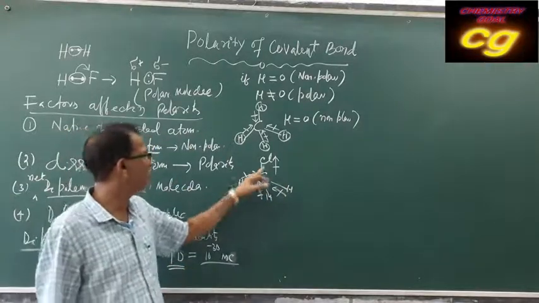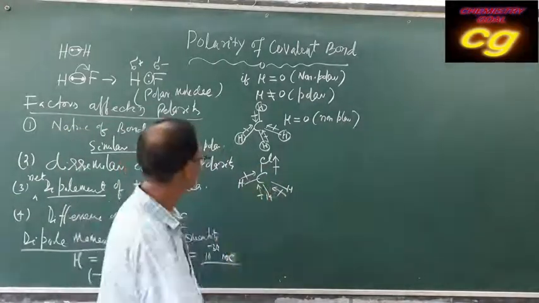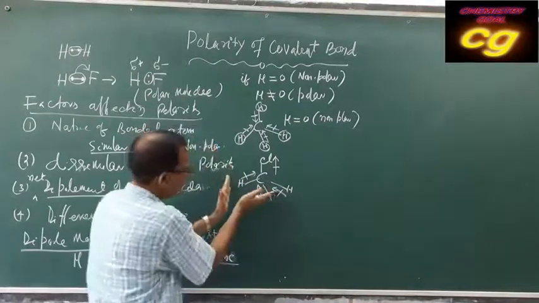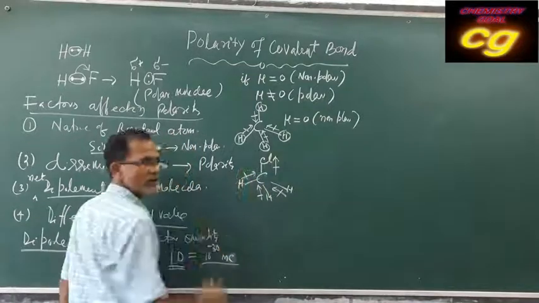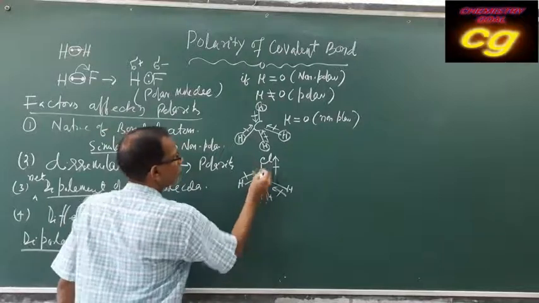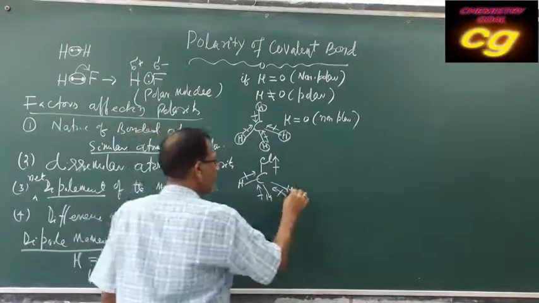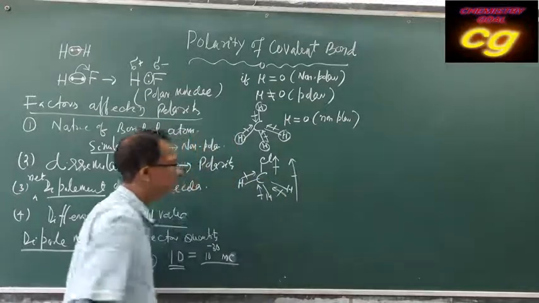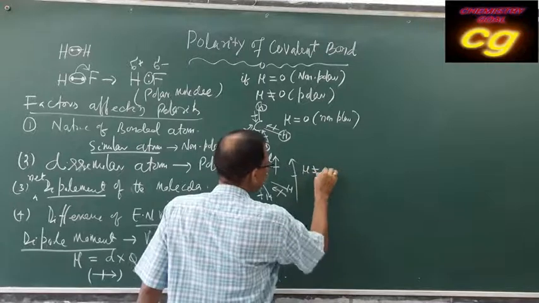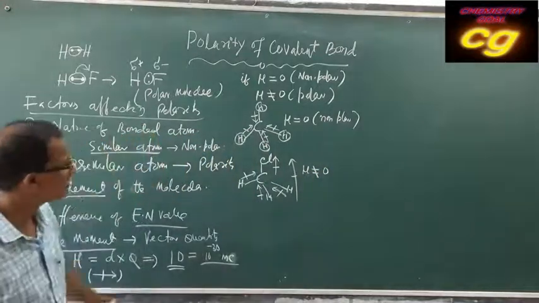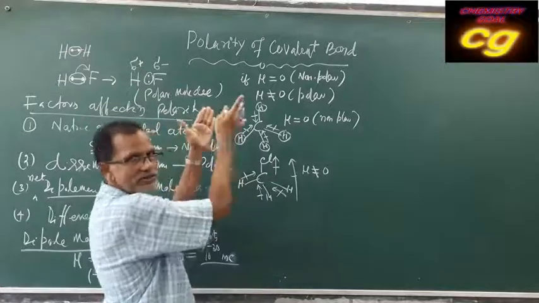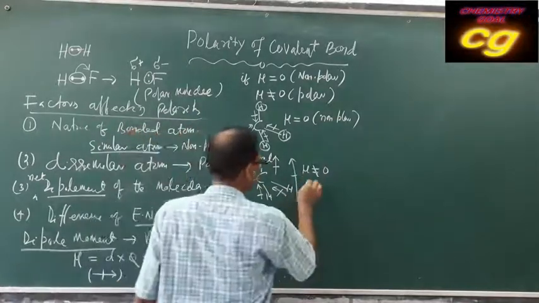These 3 dipole moments and the 1 will not cancel because the chlorine dipole moment is not equal. All the dipole moment directions are towards chlorine, because the 3 CH bonds point towards carbon and carbon points towards chlorine. That means all act in this direction, so mu will not be equal to 0. As mu is not equal to 0, they are not cancelling because all are in one direction. That's why mu not equal to 0 means it is a polar molecule.